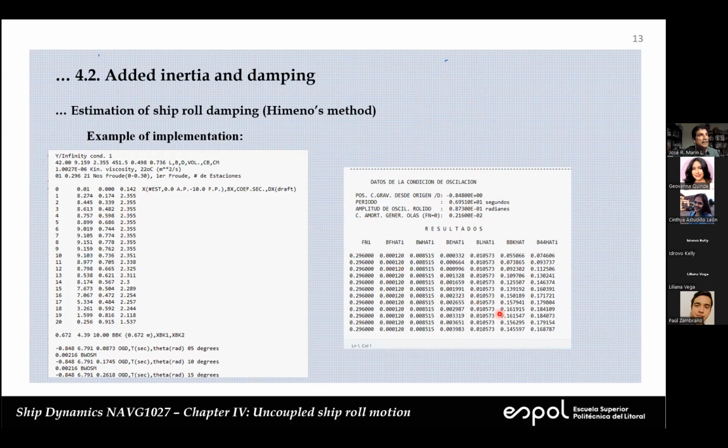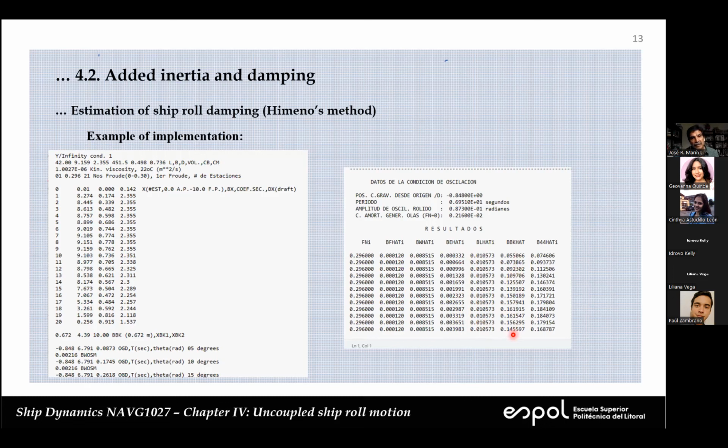This is the result, and you see that you have friction, wave, eddy, and here is the combination of all of these. The eddy starts increasing. Lift is constant because it depends on the velocity.